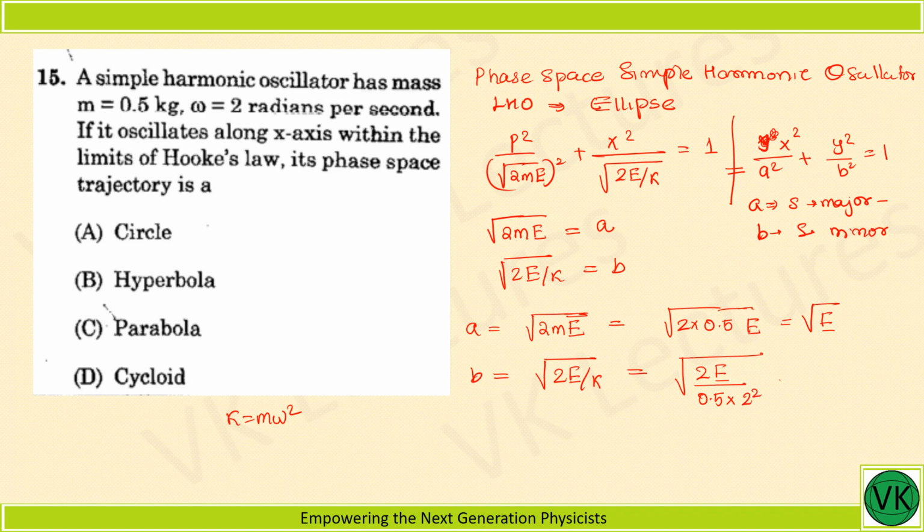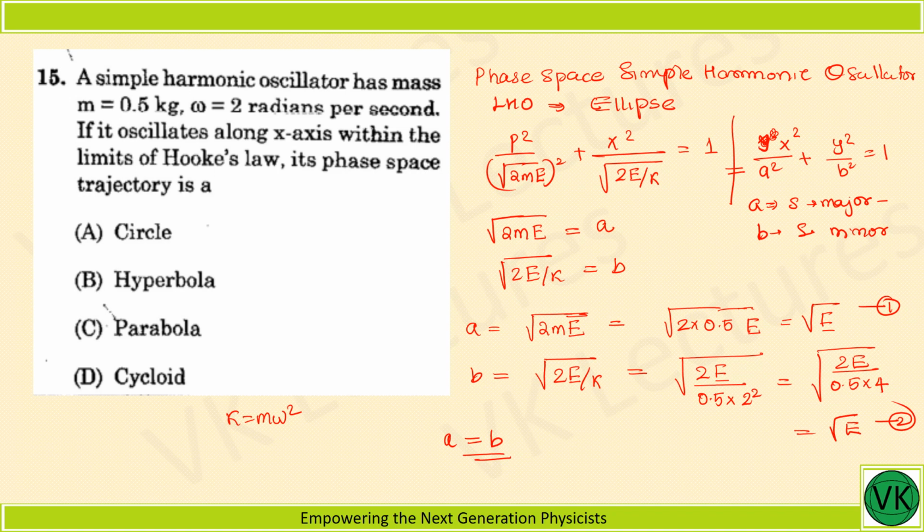That gives us 2e by 0.5 into 4. So the denominator 0.5 into 4 is 2. So 2 and 2 get cancelled. This becomes root e. Now look at this a and b. So a and b are same, that is root e.